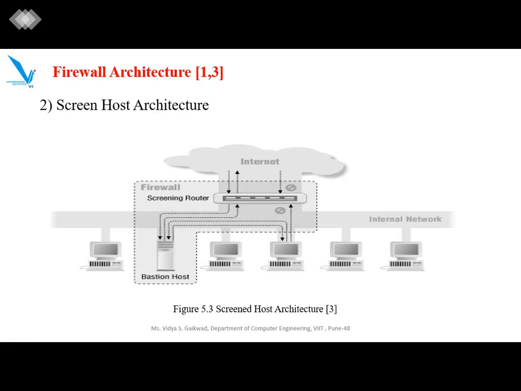So in screen host architecture, the router still works as the first line of defense. So whatever the traffic comes, defending will be done firstly by the screening router, right? So filtering and access control for all the packets is performed at the router itself.